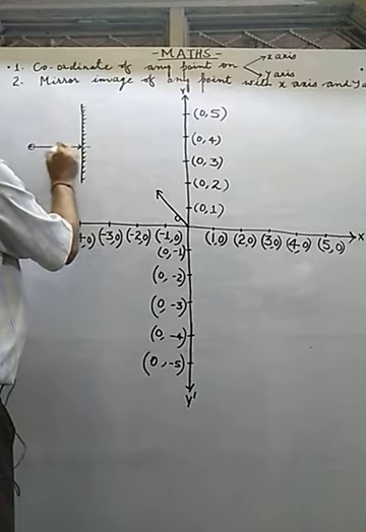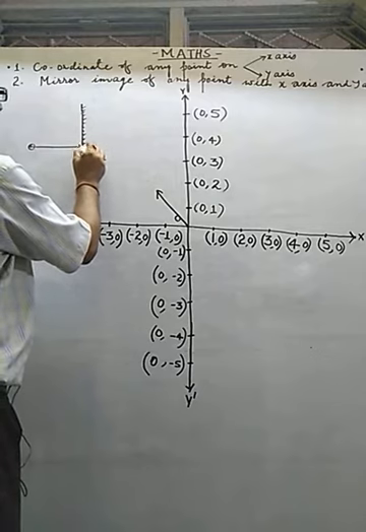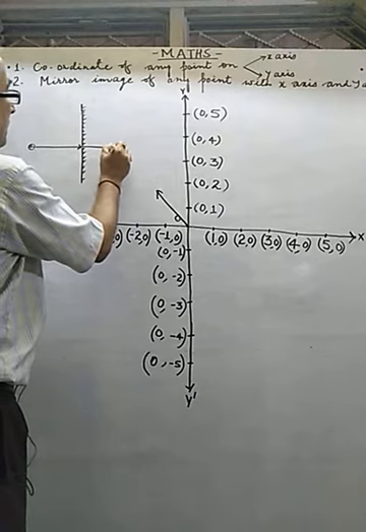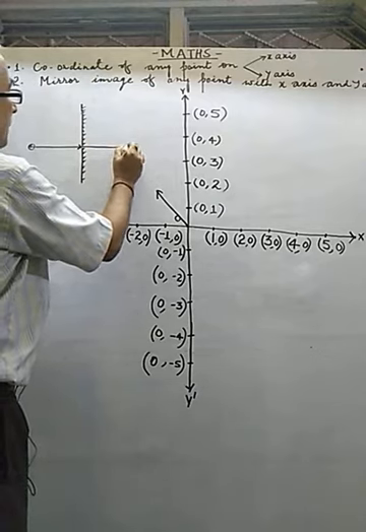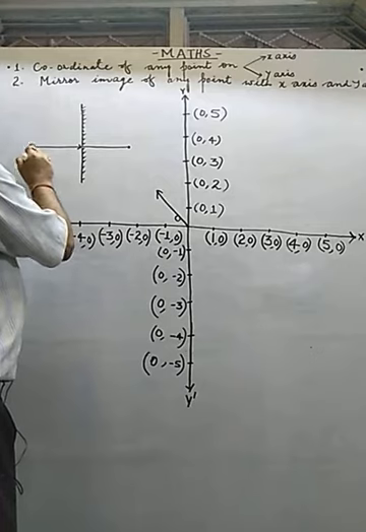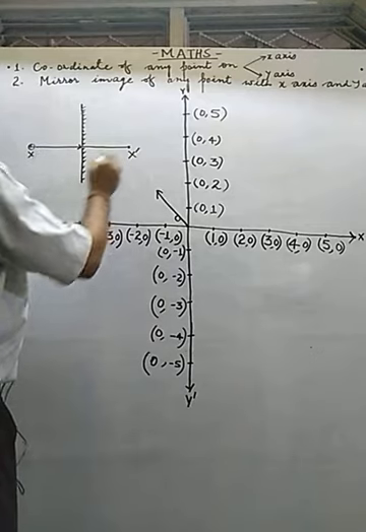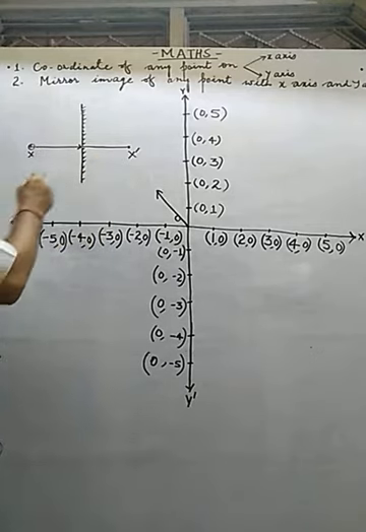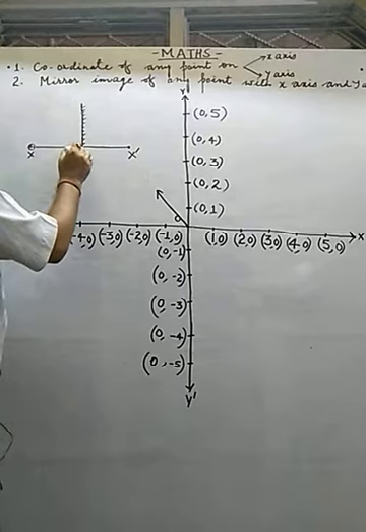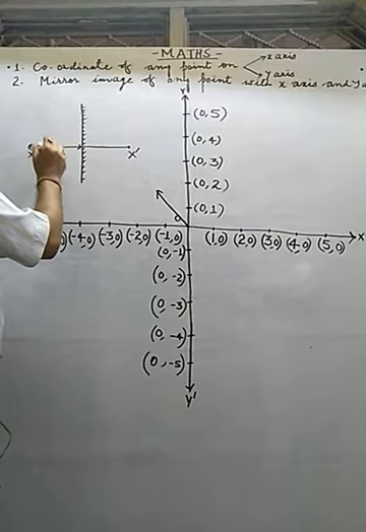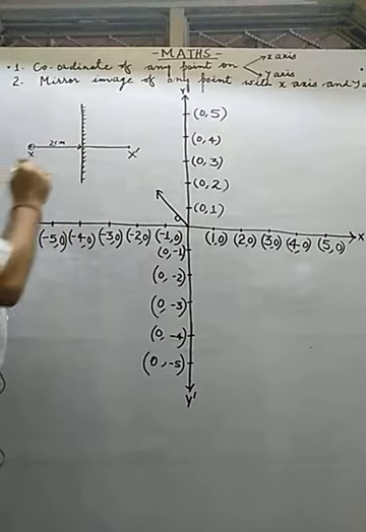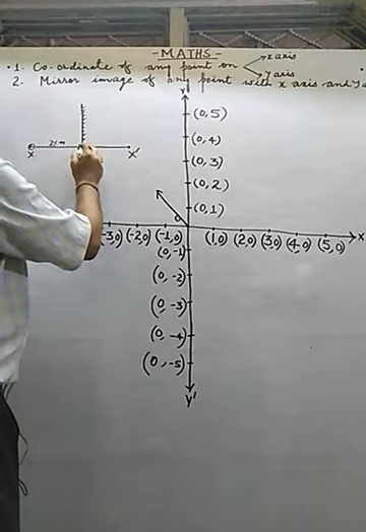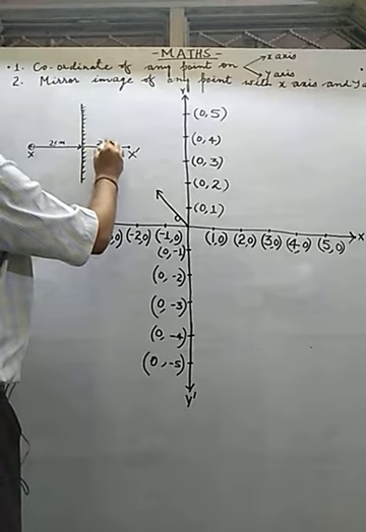Suppose this one is 2 cm, so the image will go to the back side of this mirror, and suppose this one is x and this one is x dash, the image of x. So if the distance from the mirror to the object is 2 cm, the distance of this image from the mirror will also be 2 cm.